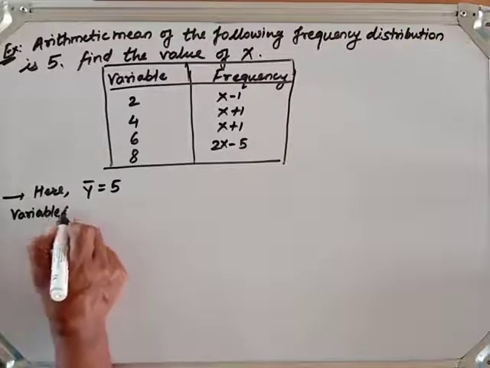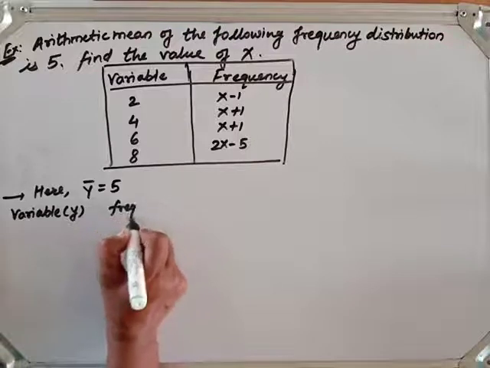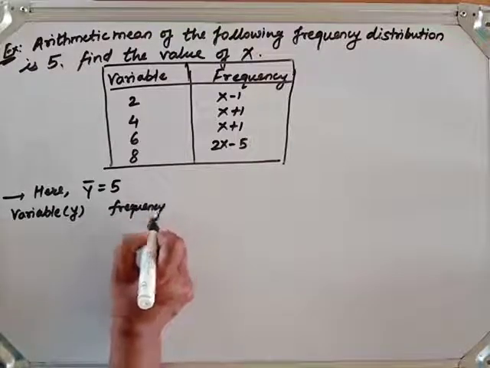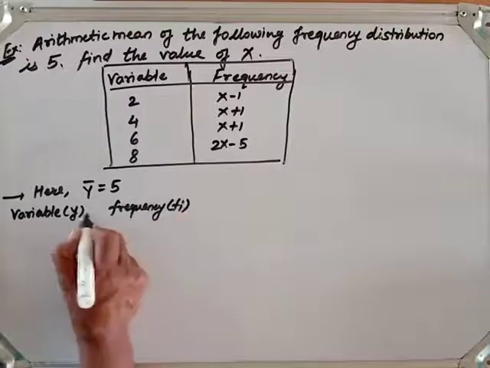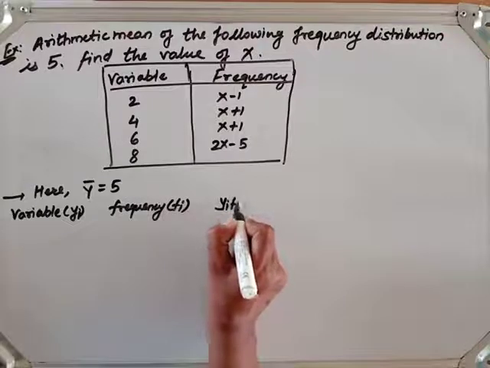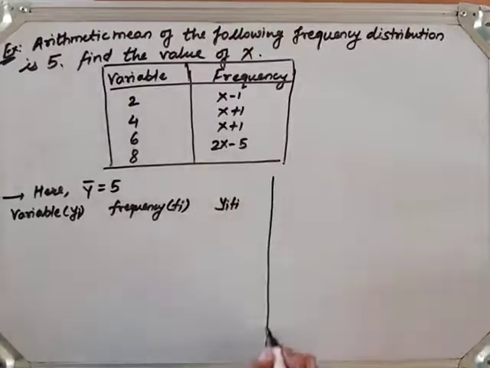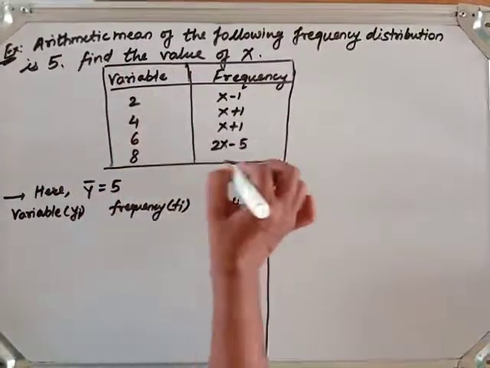Let us denote the variable by y and the frequency by fi. We need yi into fi, as we have to determine the arithmetic mean. Using the arithmetic mean we have to determine this x.